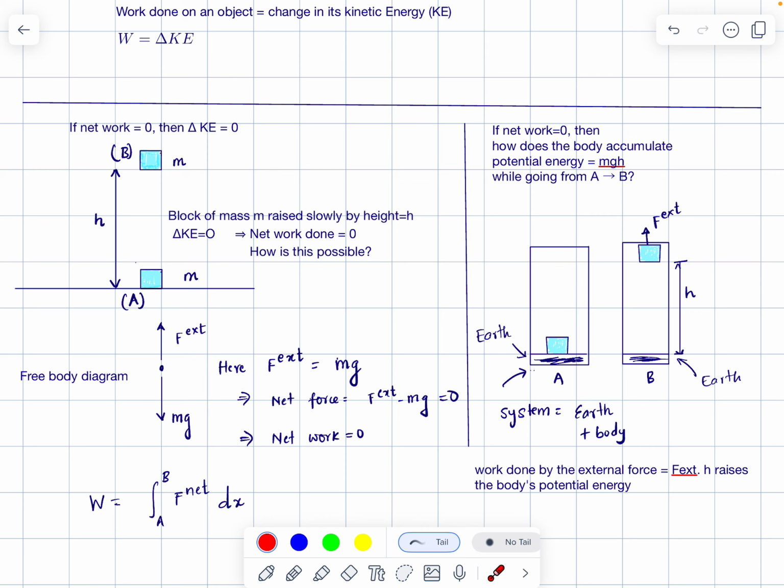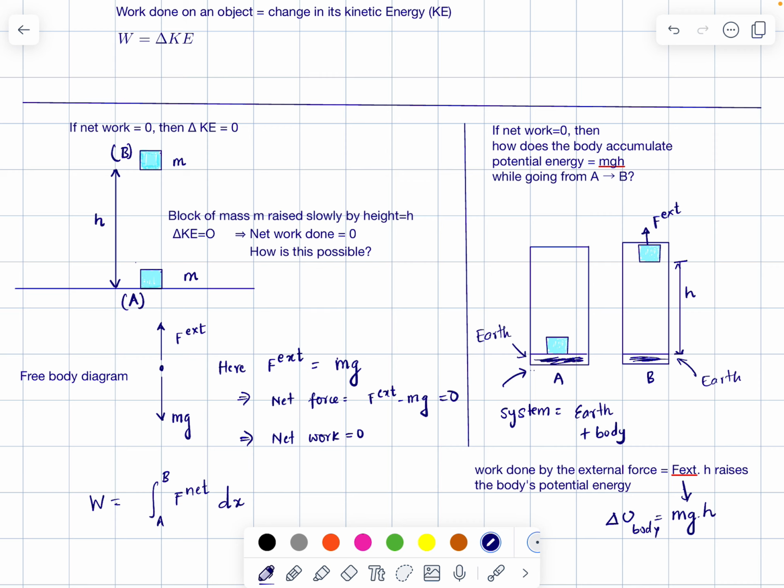In such a case, the work done by the external force is F_ext times h, and F_ext being equal to mg, times h, will result in the change in the potential energy of the body.